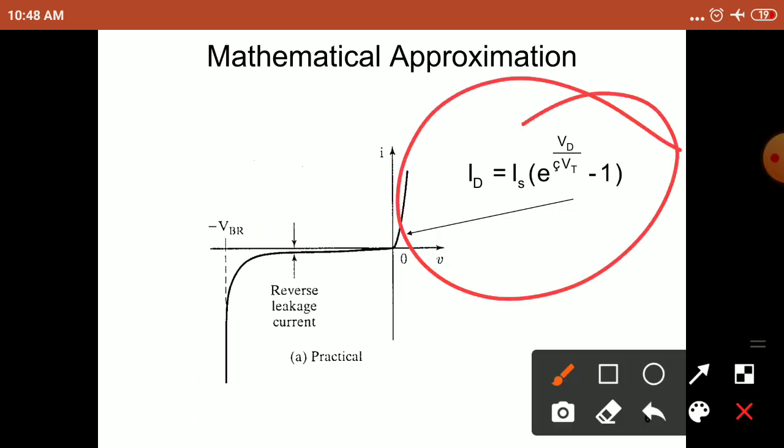Diode current is equal to the supply current times e to the power of the diode drop divided by V_T, the threshold voltage, minus 1. Using that equation you can calculate how much current is flowing through the diode during forward operation. That is the mathematical approximation of your power diode.